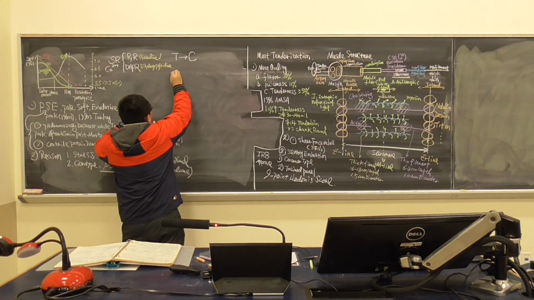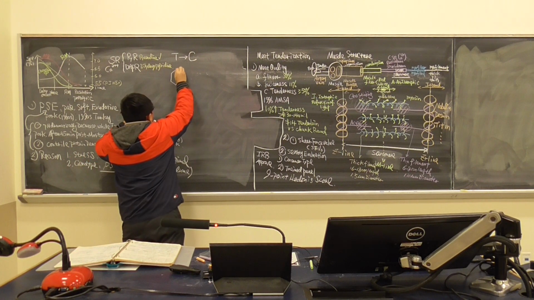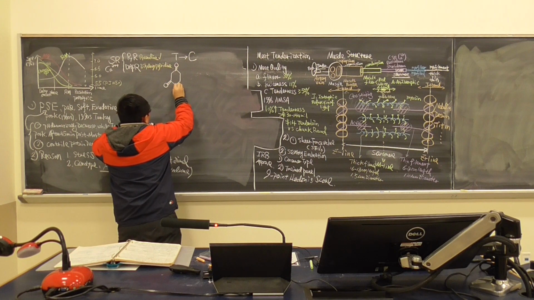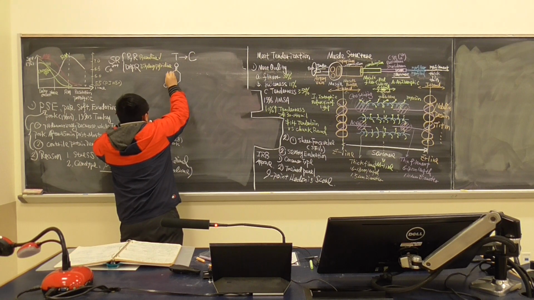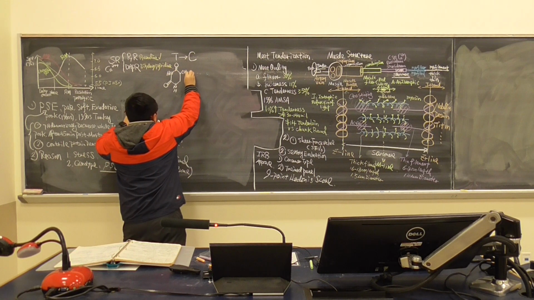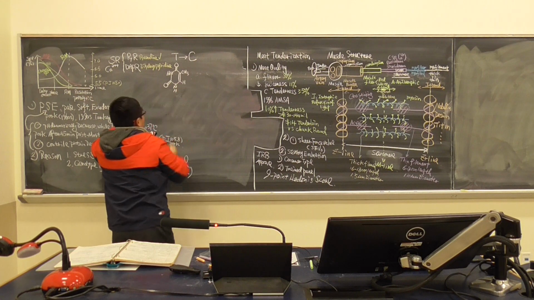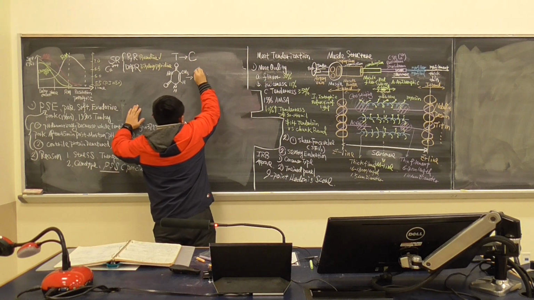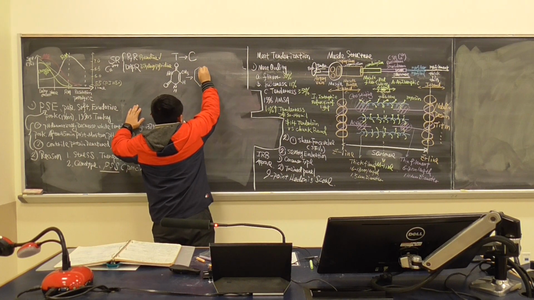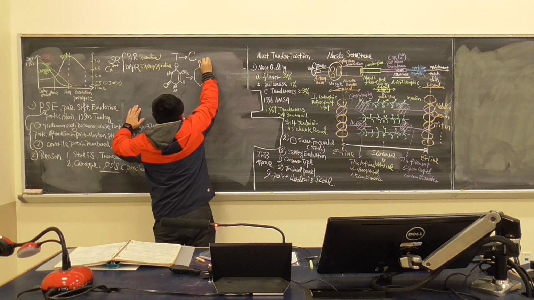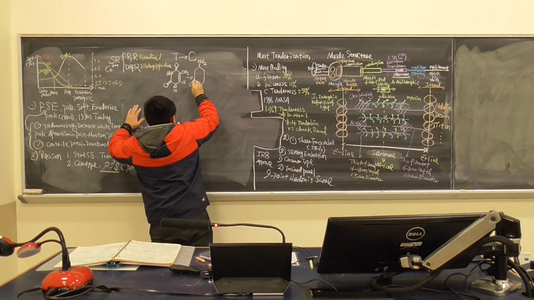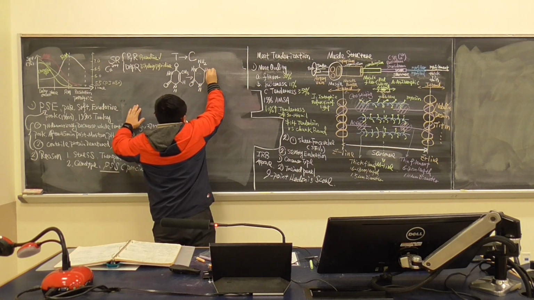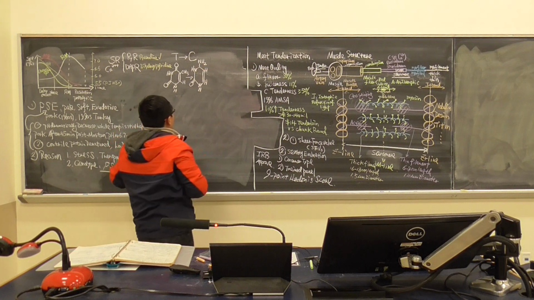So you can understand from the physical structure, this is a thymine, okay? Because of the point mutation, it becomes a cytosine. So that's NH2 here, H, NH, double bonds.